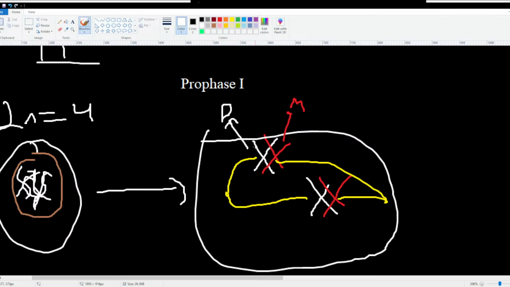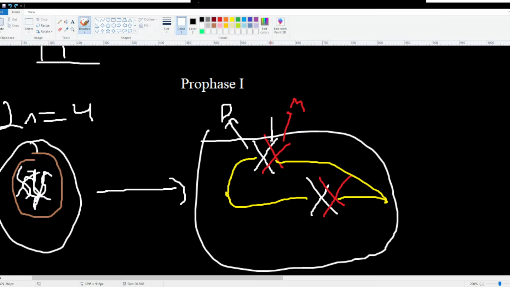And now here is where that important difference comes into play, because after meiosis 1, these homologous chromosomes are going to actually split apart. They're no longer going to be together, right? Which is sad for mom and dad, but anyway, they're going to split apart.